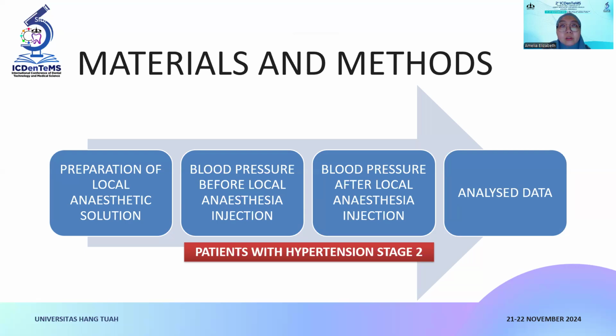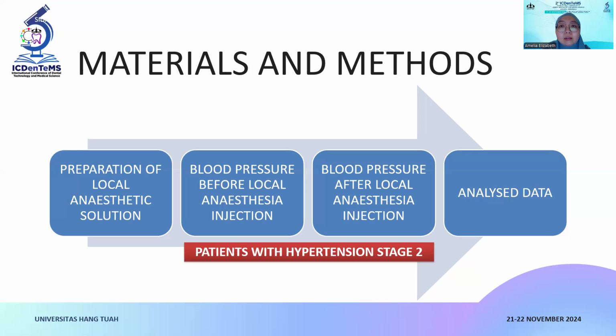After measuring blood pressure, we conducted local anesthesia. In this method, we used mandibular block anesthesia. After performing anesthesia, we measured the blood pressure again, and we wrote down the data.